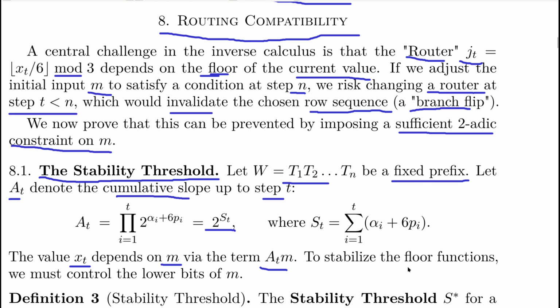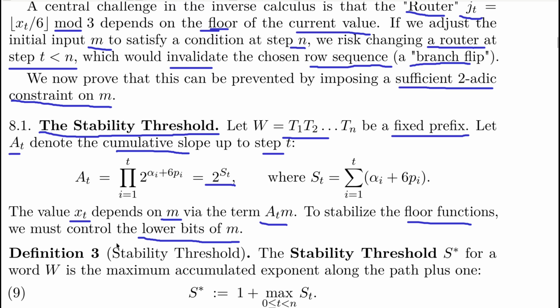We stabilize the flow functions. To stabilize the flow functions, we must control the lower bits of M. So, definition, stability threshold. The stability threshold, S star, for a word W is the maximum accumulated exponent along the path plus 1.